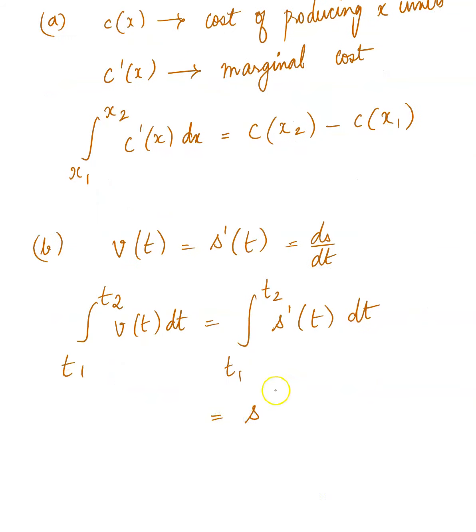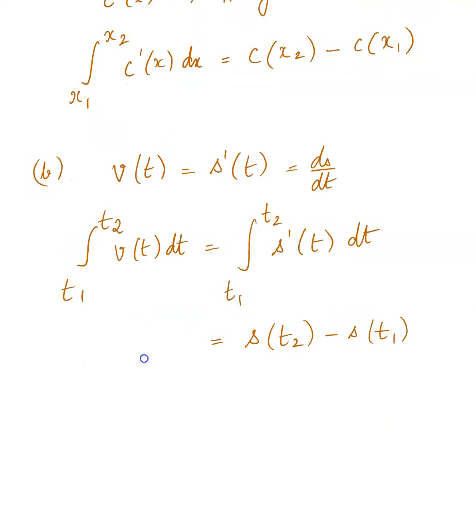That's the same as saying s of t2, the position of the object at time t2, minus the position of the object at time t1. So what this really means is you're talking about the displacement over the interval t1 to t2. Displacement is the movement from one place to another. That's the rate of change.